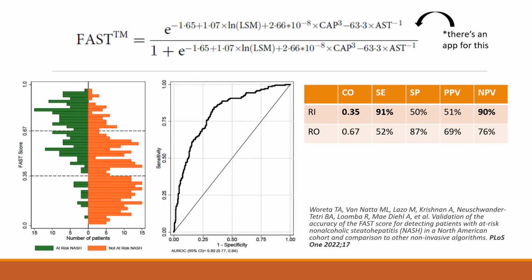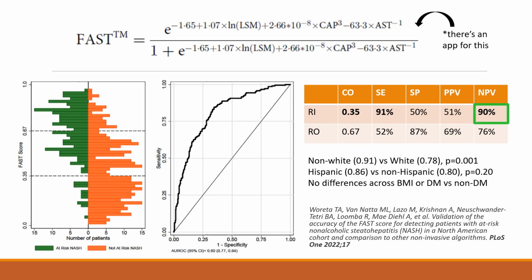Now, what else can we use the Fibroscan for? To quote the internet, the answer may surprise you. In recent years, several elastography-based scores have been developed to detect the presence of MAS with significant fibrosis or stage 2 fibrosis. The Fibroscan AST score or FAST score is one of them and seems to be performing well in ruling this out, especially among non-white patients.